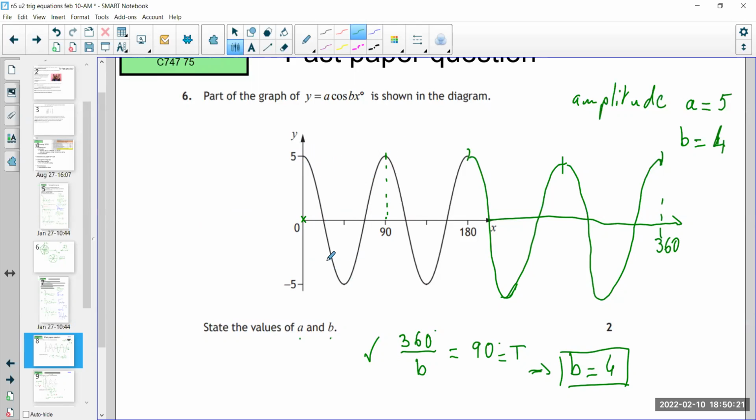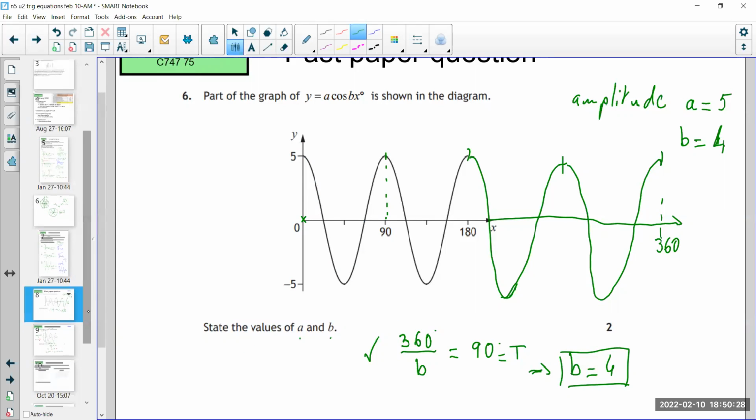That's what the cos does, whereas sine would start at 0 and just keep climbing. Are you a bit better informed now?